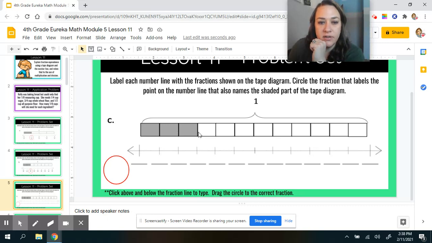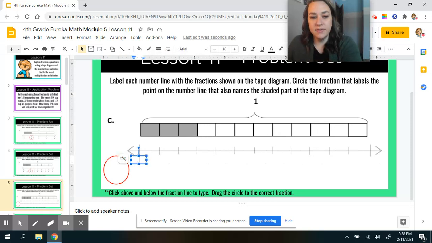So I've got 3 that are shaded. Let's see what our fractional unit is broken into. There's 1, 2, 3, 4, 5, 6, 7, 8, 9, 10, 11, 12. So our denominator is going to be 12ths. Our numerator just kind of counts over.